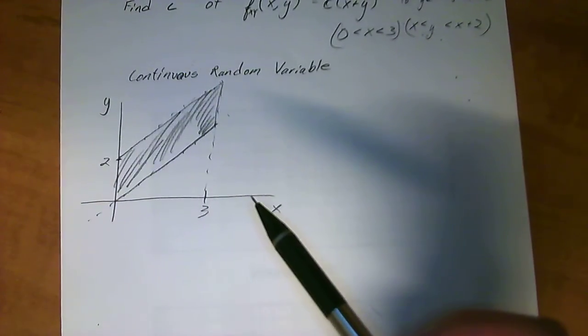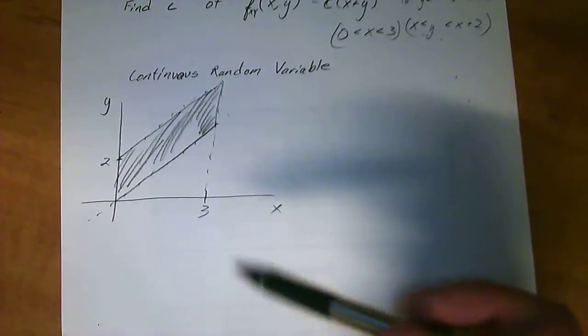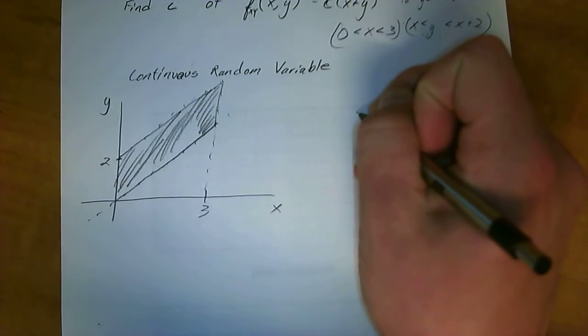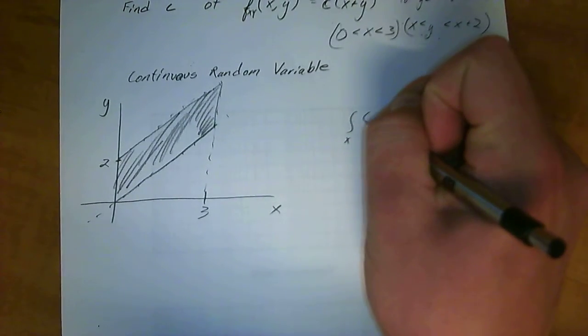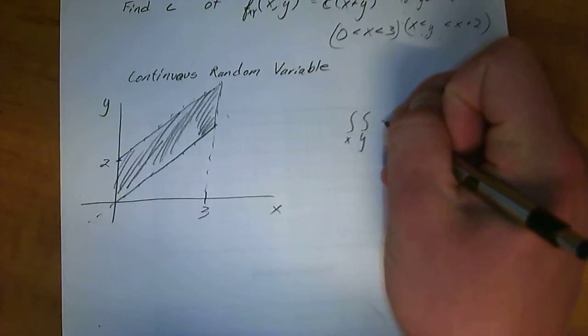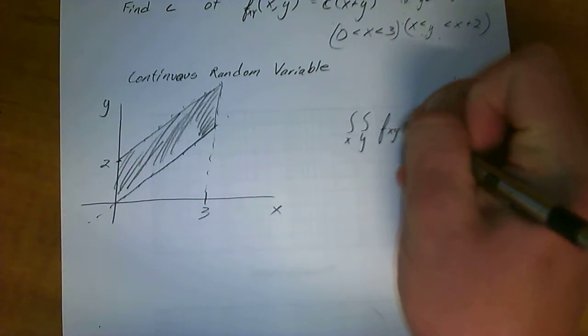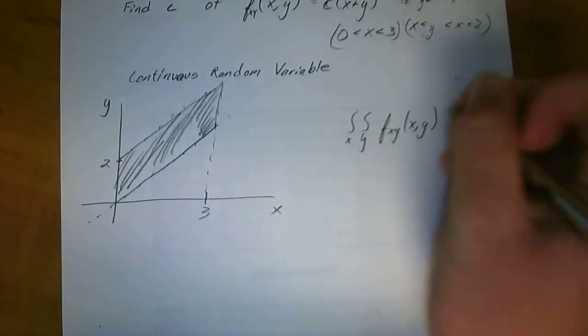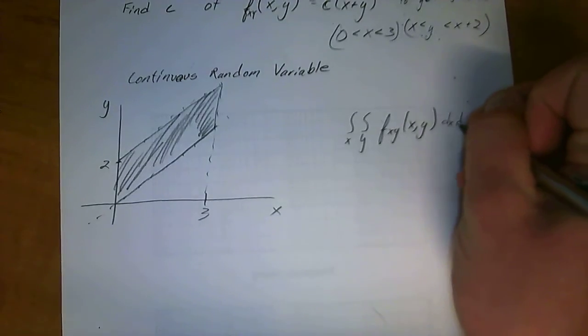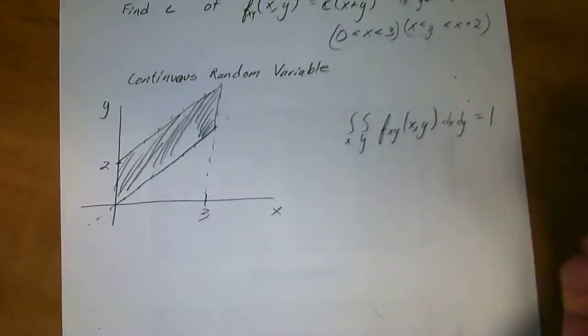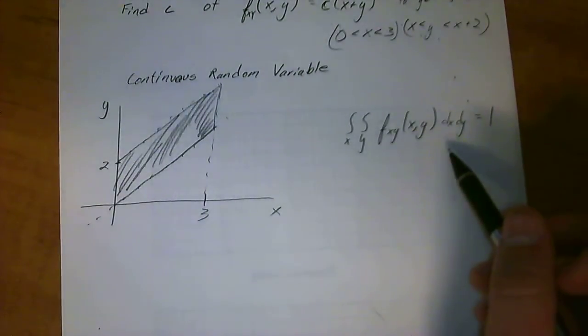So basically, in order to figure out what c is going to be, you use the equation: the integral over x, the integral over y, of your function f(x,y) dy dx is equal to 1. And this is how you start solving for c.